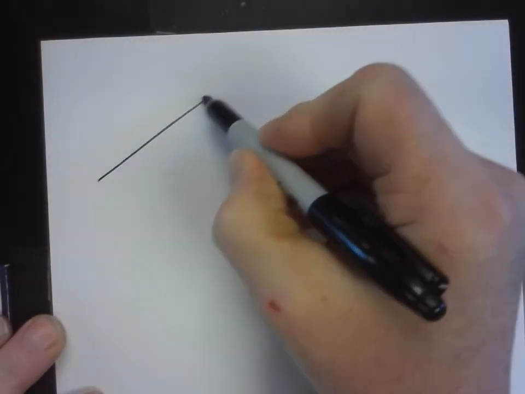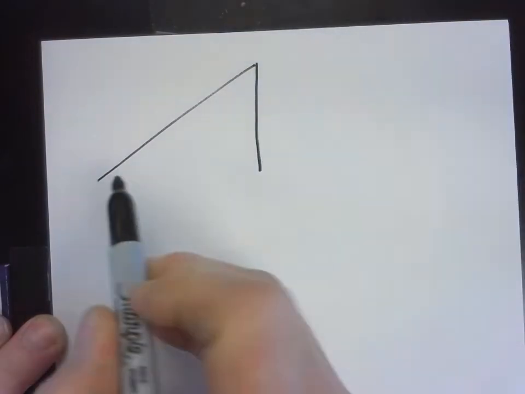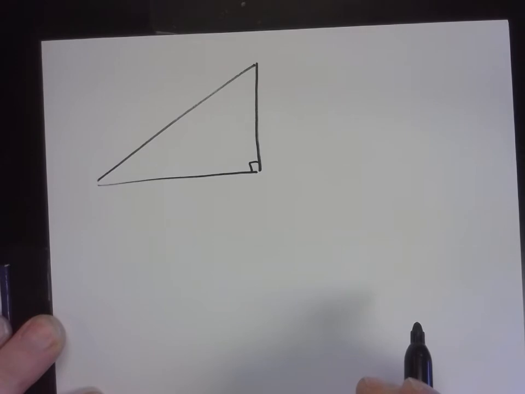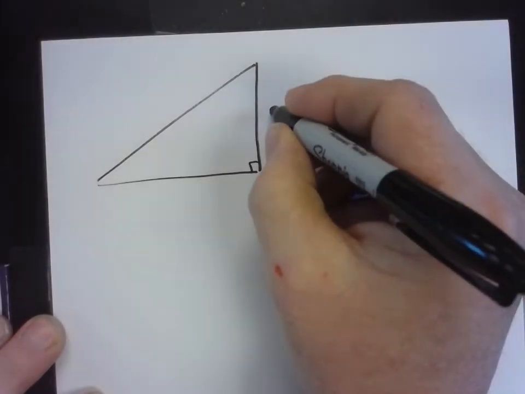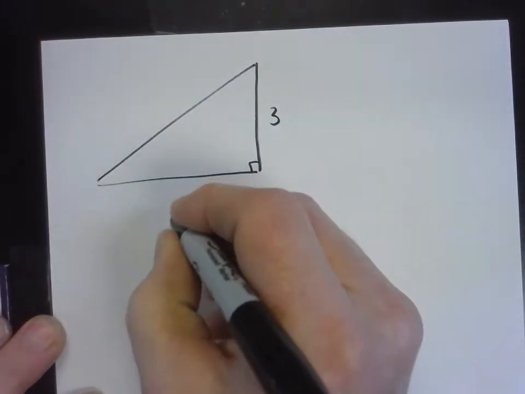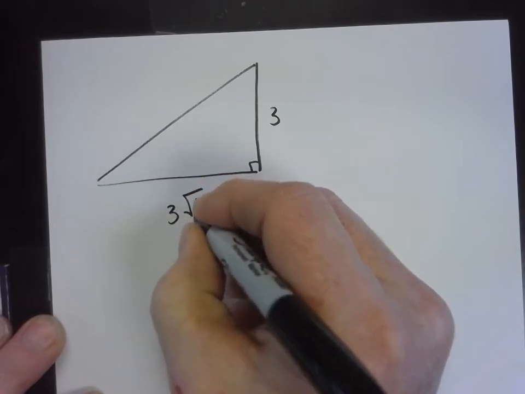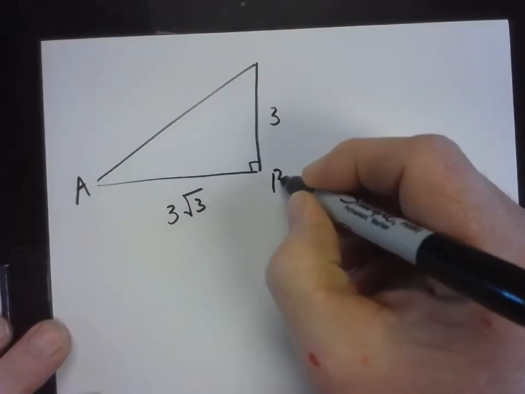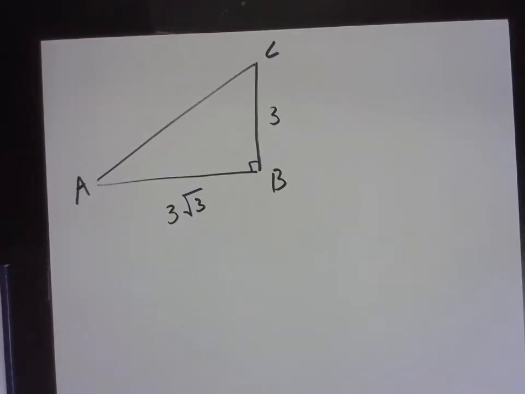Let's say, what if I gave you this triangle right here, and I told you that this was 3, and this was 3 radical 3. Could you guys tell me the measure of angle A?